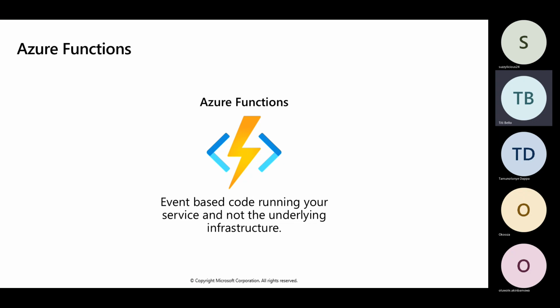So it means while they are not concerning themselves with the underlying infrastructure, they just want to run their code as they have it, and then be able to create some logic behind it. I will give an instance where we have a form that is hosted on a particular website, and the form is hosted on Azure.